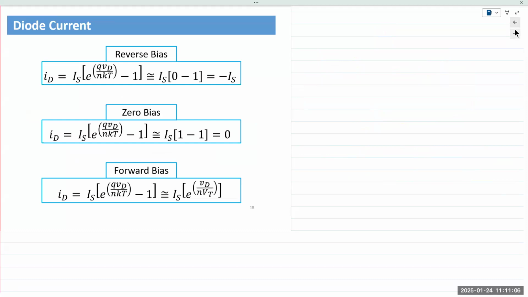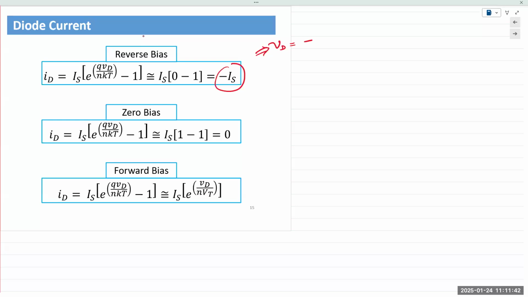In reverse bias, when you're applying VD in the opposite direction, the cathode is at a higher potential than the anode, so VD would be negative, some negative value. Hence the term e raised to VD over VT would reduce to zero, or at least be very, very close to zero.